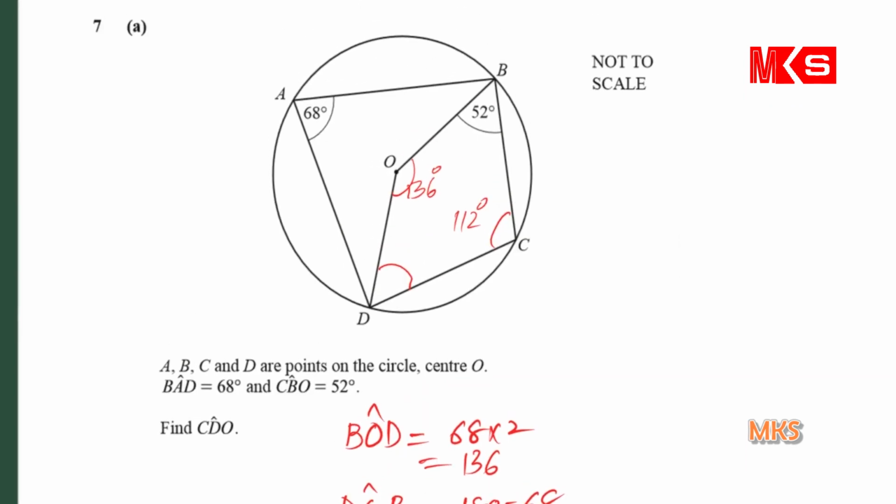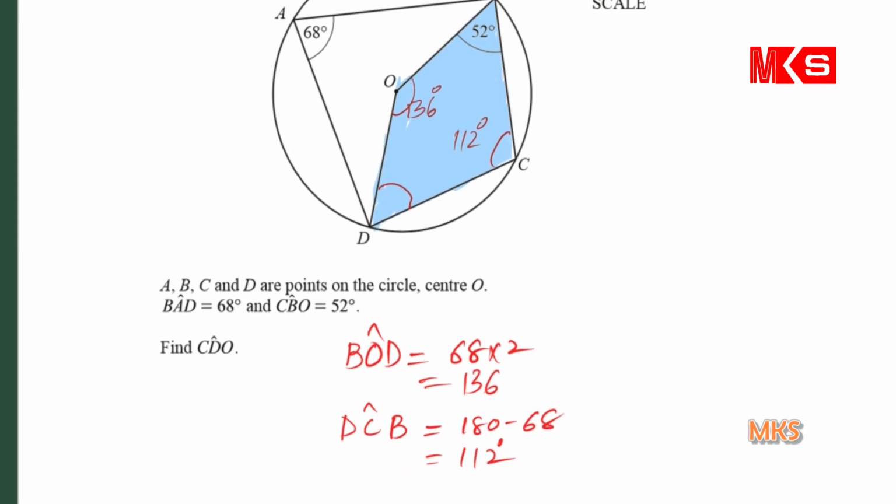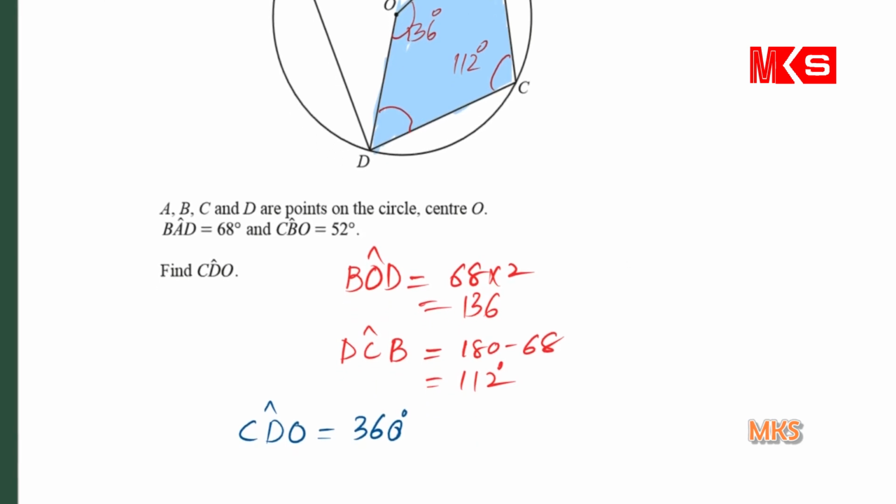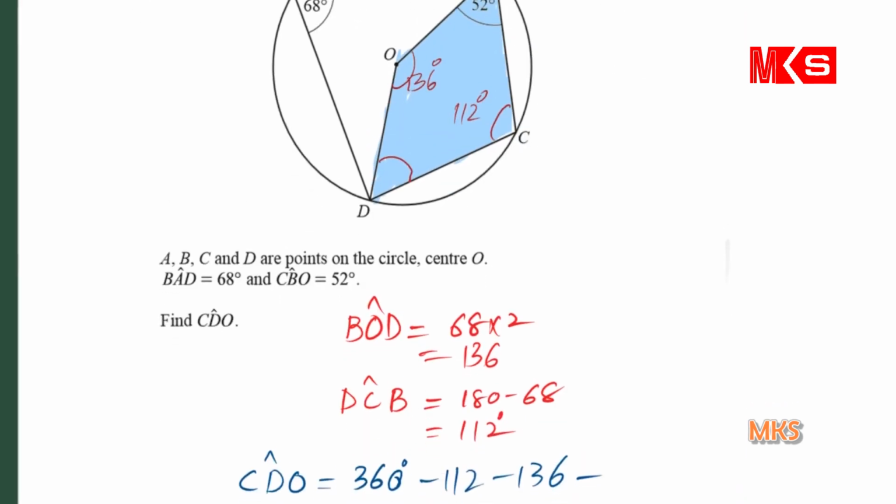Now, this is a simple quadrilateral, not a cyclic quadrilateral. This means it is a polygon with four sides, so the sum of the angles of a four-sided shape is 360. In other words, CDO will be equal to 360 minus 112 minus 136 minus 52.